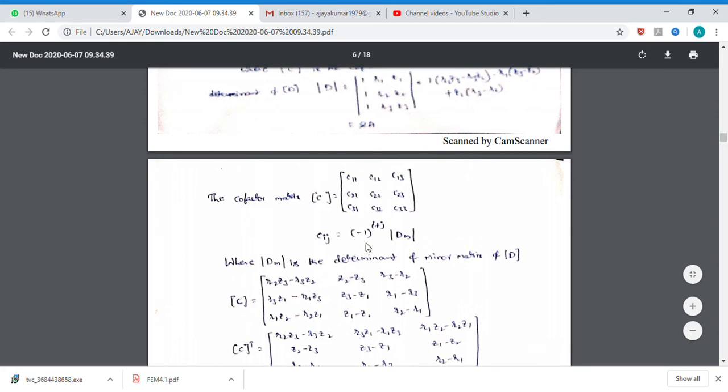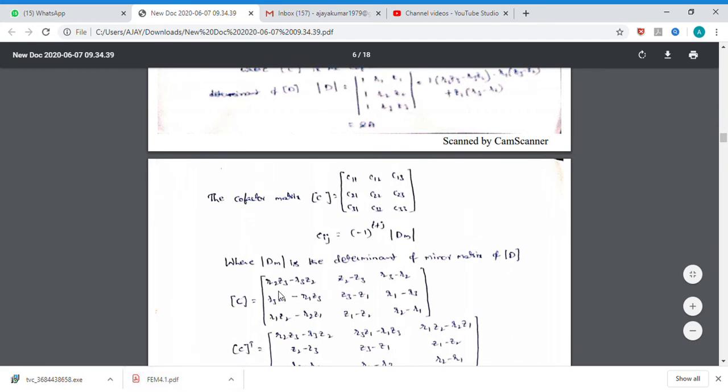Next, in the same manner this is C13: eliminate this one and this one, and the remaining is R3 minus R2. And so on, you write this entire cofactor matrix. For that one we require the transpose, not that same matrix.